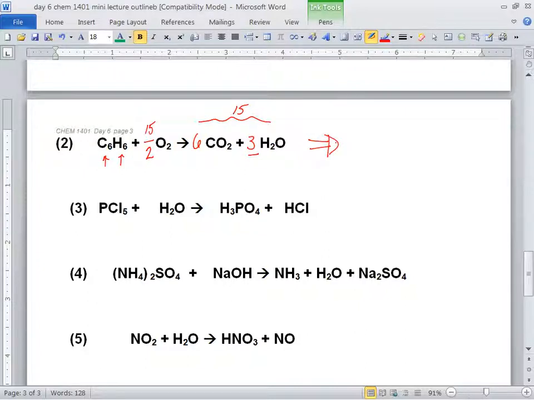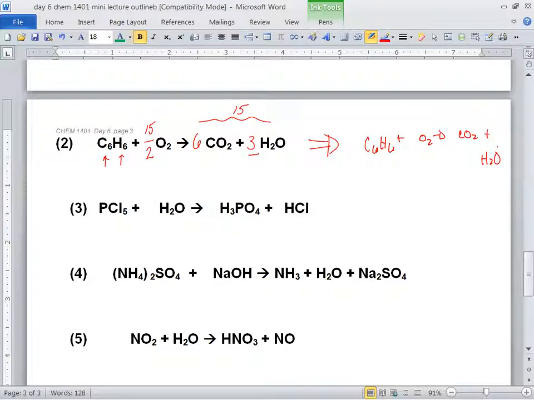So if I do that, I'd end up with, here's my reaction. C6H6 plus O2 yields CO2 plus H2O. So I have to multiply everything through by 2.